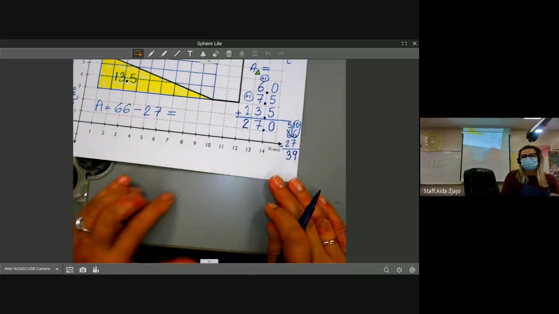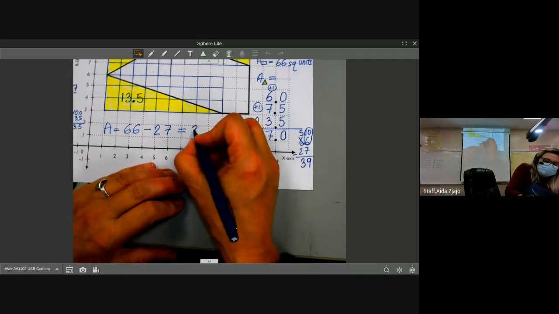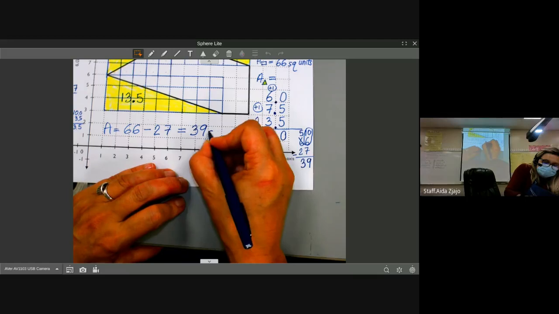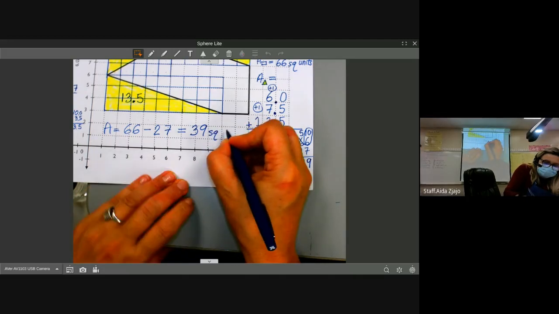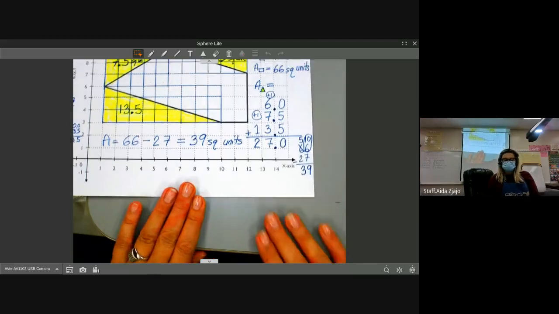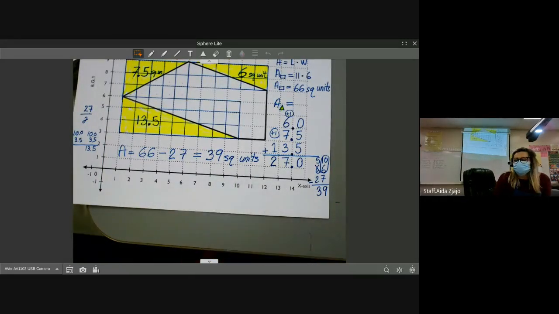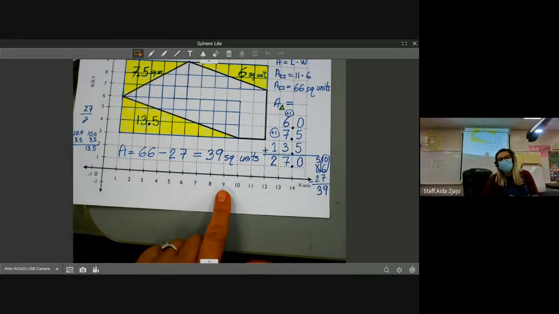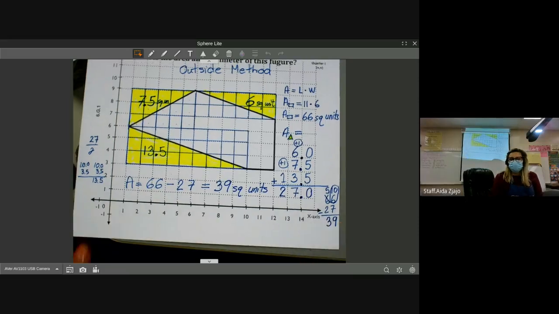Wow, we got 39 square units. Area is 39 square units. Okay, so guys, guess what? We were right, correct? Yep.